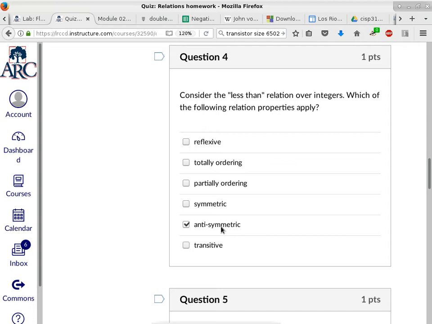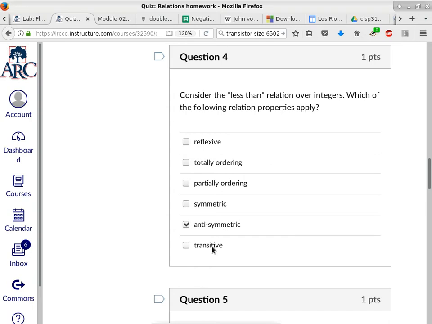So what happens to the implication itself? The implication becomes true. So that means it is antisymmetric, because the left-hand side of the implication is always false. That makes the implication always true. So this is a really tricky one.